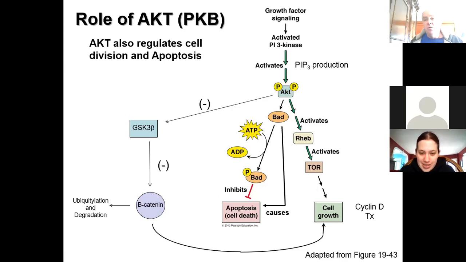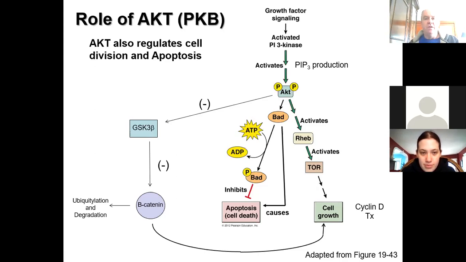Okay, so whenever the cell is stimulated to divide, it also has to activate pathways that are going to inhibit apoptosis. Apoptosis is the next thing we're going to talk about, or two things from now. So apoptosis is all part of cell division for this reason.